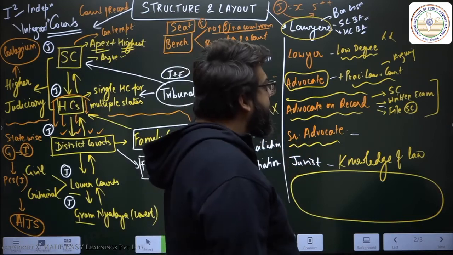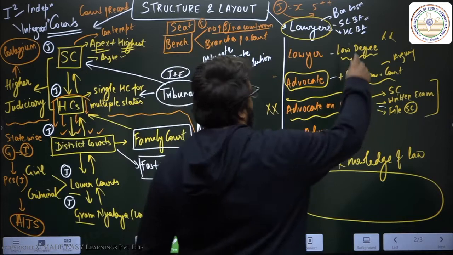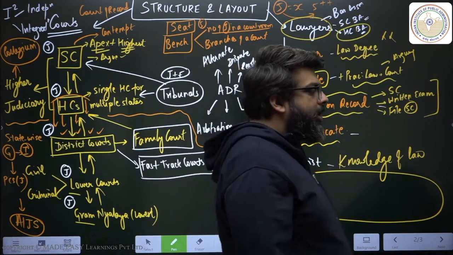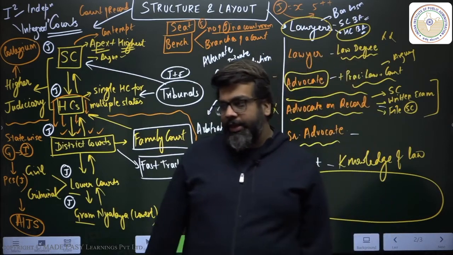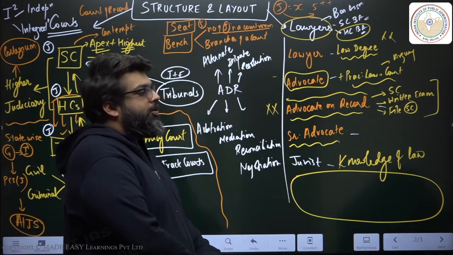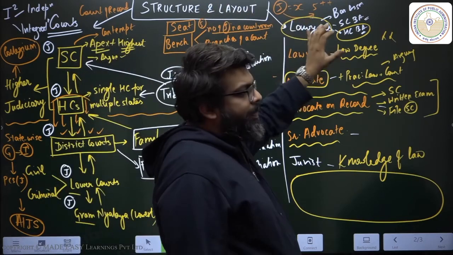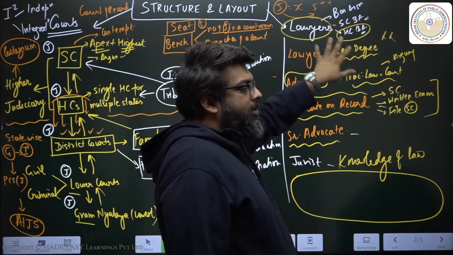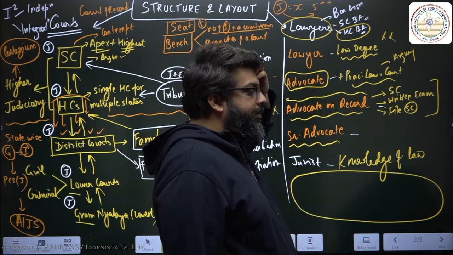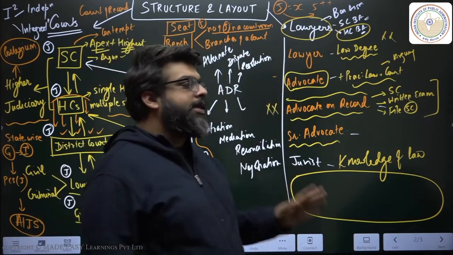The second is, once you have passed it, you have to register yourself with any High Court Bar Association of the country that you feel like. What used to previously be the case was that you could only practice at the Supreme Court, or in the courts of the High Court Bar Association that you are registered with. Understood? Now that's not the case.